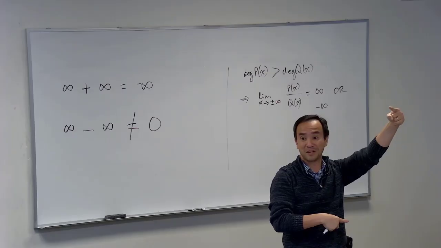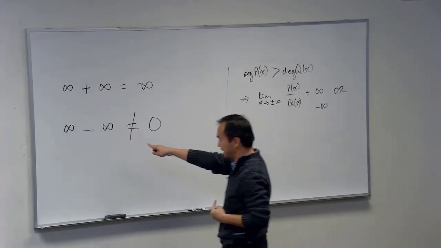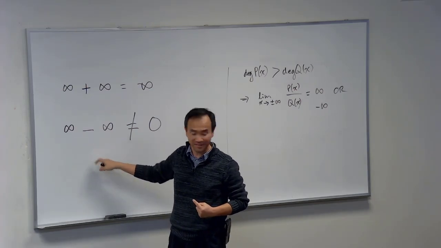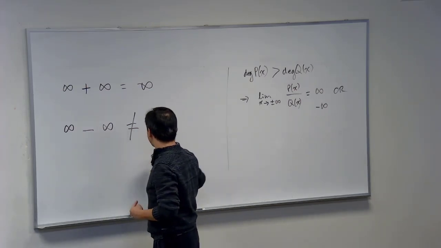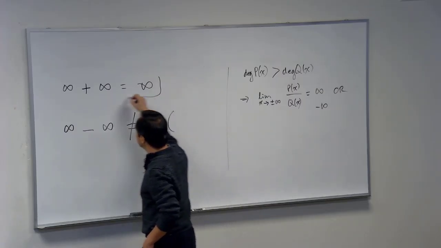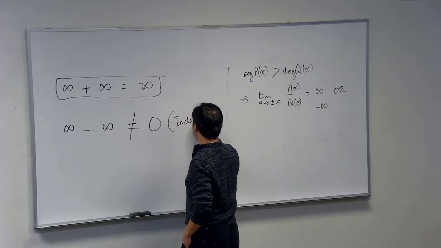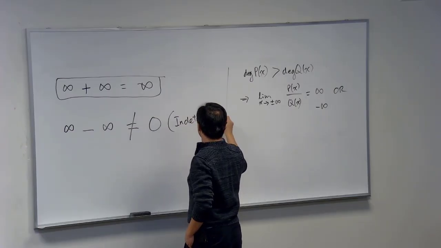So infinity minus infinity can have many different answers. Formally, it's an indeterminate form. Don't rush into that. This form is legally accepted, but this other form is an indeterminate that we have to handle more carefully.